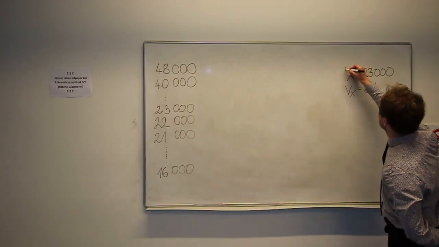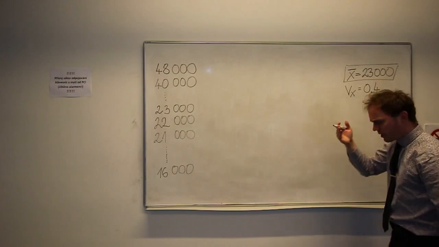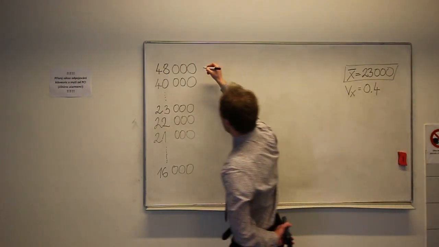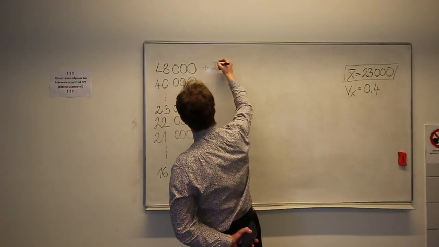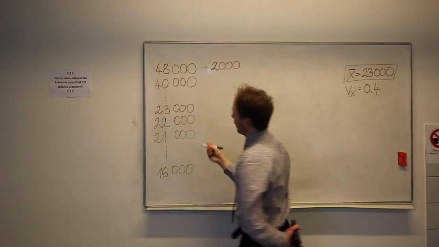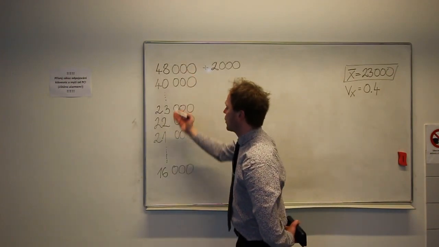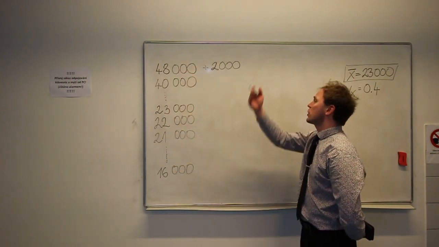We calculated this mean, this average, and now we'll take a constant of 2,000 Norwegian crowns, and we will increase each wage in this Norwegian company.